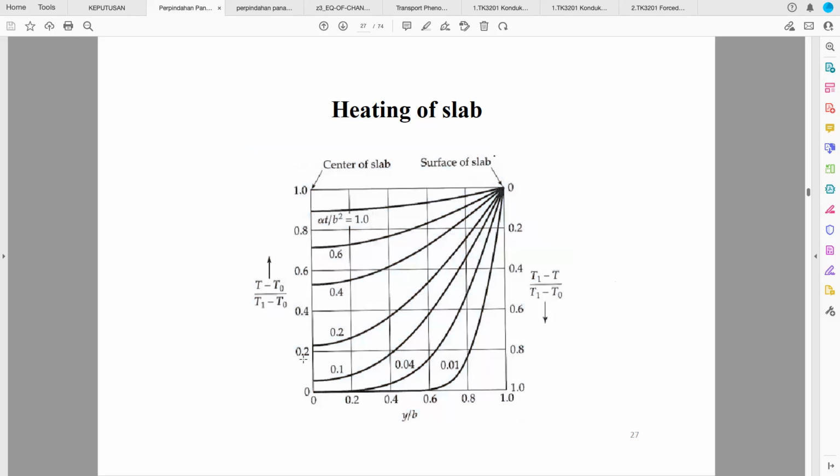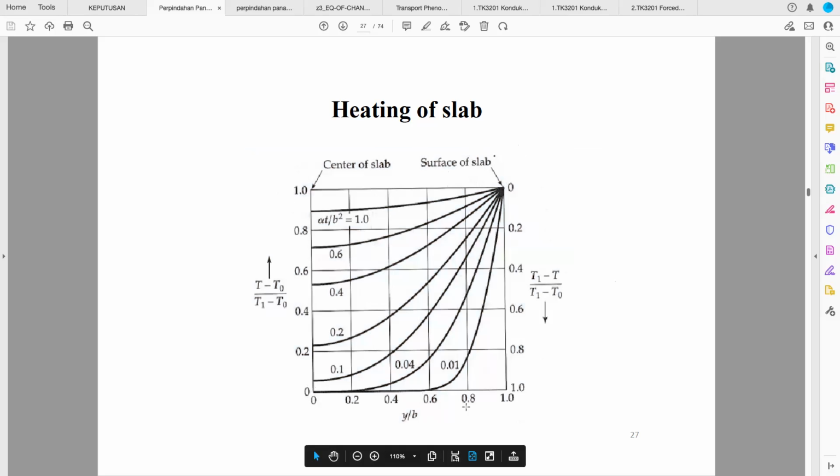So this tells you, from all the equations, like the energy equation, we actually plot it into a graph, and this is a typical graph for heating a slab. The good thing that we want to learn is the profile of the temperature in the middle, for example.